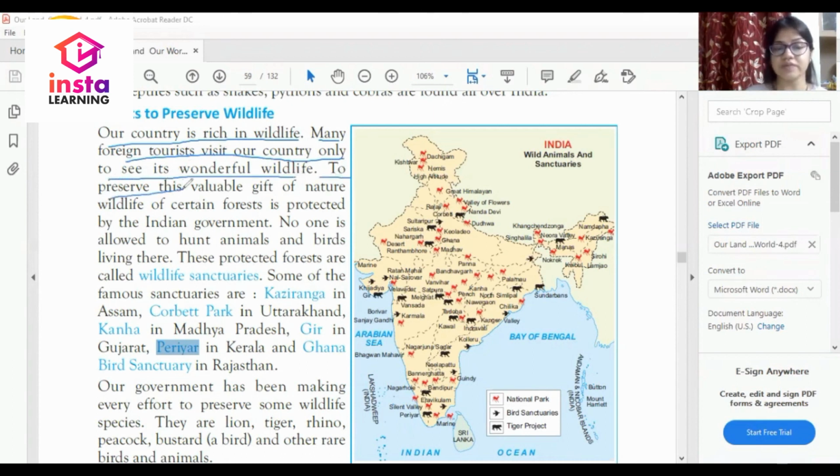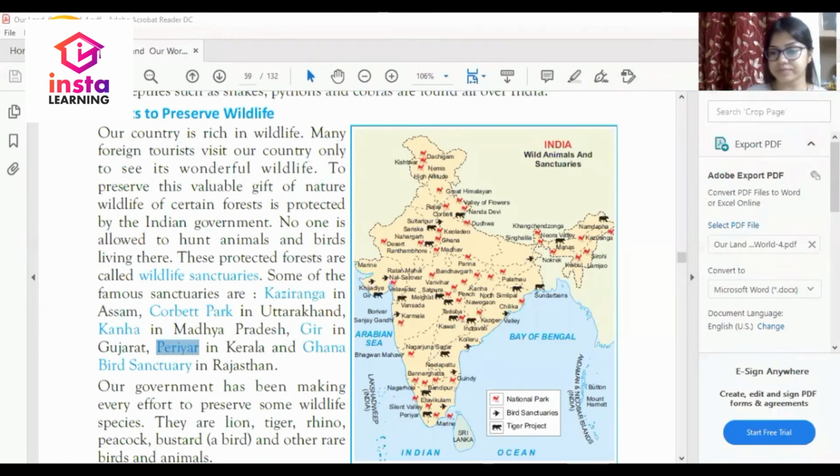To preserve these valuable gifts of nature, wildlife of certain forests is protected by the Indian government. No one is allowed to hunt animals and birds living there. The protected forests are called wildlife sanctuaries, जो इंडियन गवर्नमेंट ने प्रोटेक्ट की हुई हैं. Some of the sanctuaries are, जिनमें से कुछ कौन कौन सी हैं?